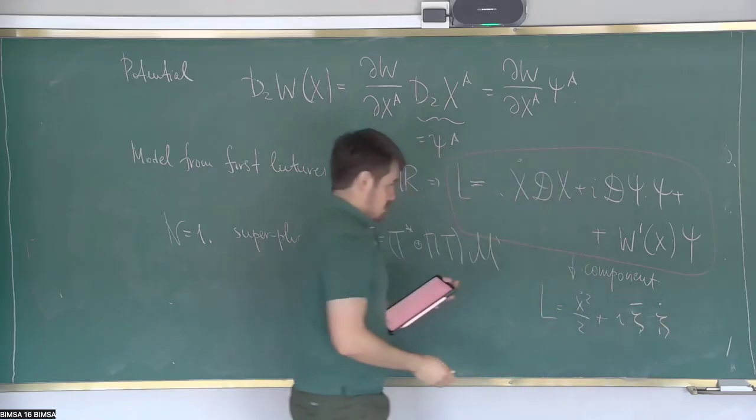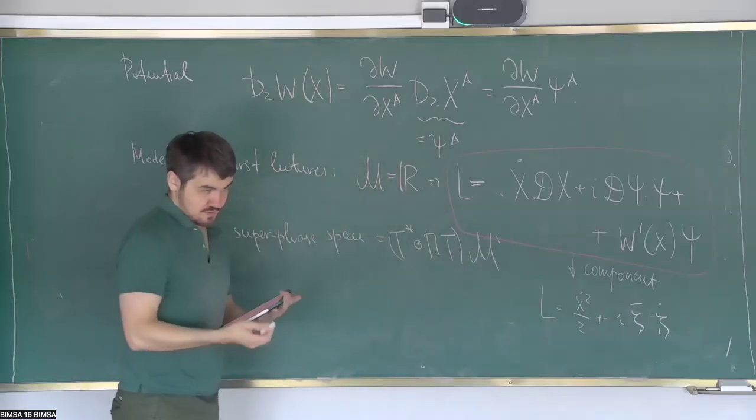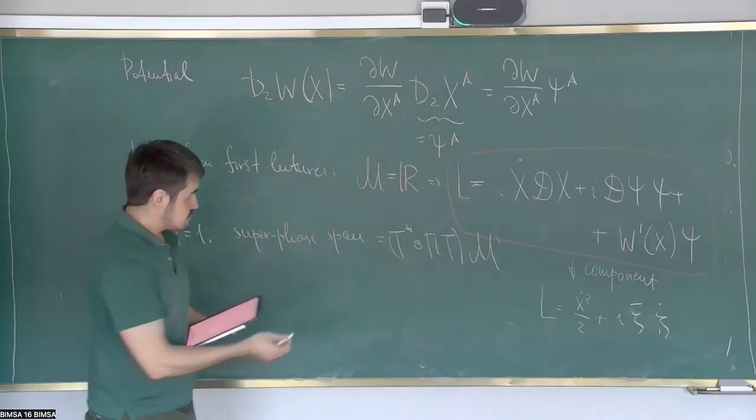So here we have a complex Fermi field. Where does it come from?